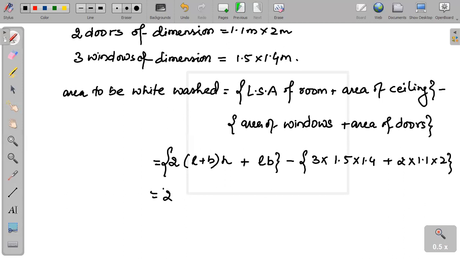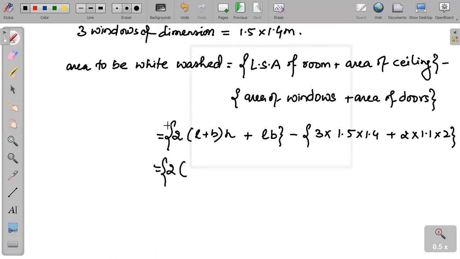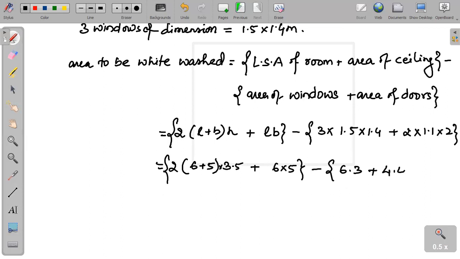That is 2 into L plus B is 11, into H is 3.5. 6 plus 5 into 3.5 plus LB, that is 6 into 5, minus 1.5 into 1.4 is equal to 2.1, into 3 is 6.3, plus this is going to be 4.4.